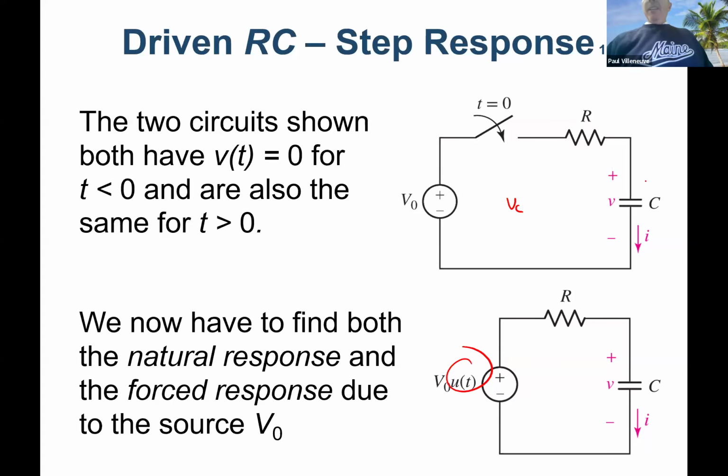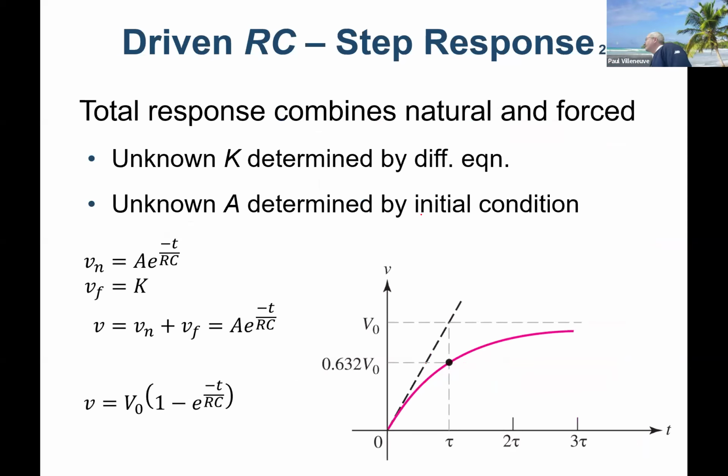So over time, this transitions to an open circuit, which means that in steady state, or its final value, its voltage is going to become V naught. So how do we represent that? With a waveform. Start out at 0. We end up at V naught. And if you remember from time constants, it takes 1 time constant to reach about 63% of its final value.